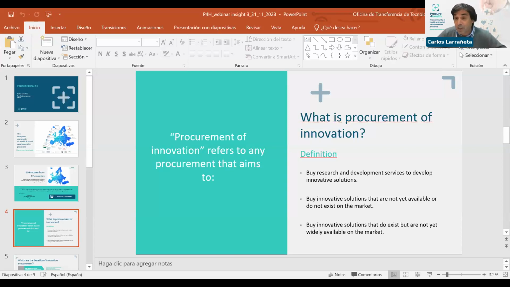But for us, uptaking innovation is procuring innovation. And what we're doing here is going one step further.